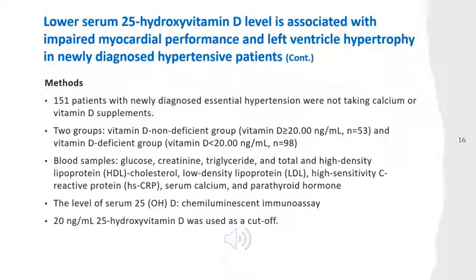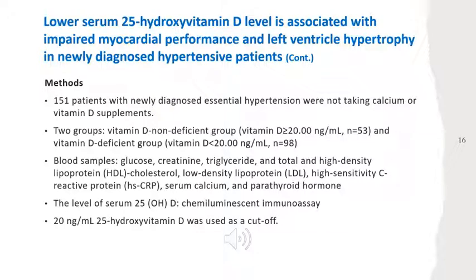The patients were divided into two groups according to serum 25-hydroxy vitamin D level: a vitamin D non-deficient group, with vitamin D level equal to or higher than 20 nanogram per milliliter, and a vitamin D deficient group, with vitamin D level less than 20 nanogram per milliliter.